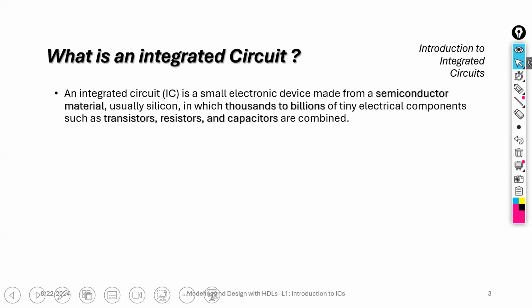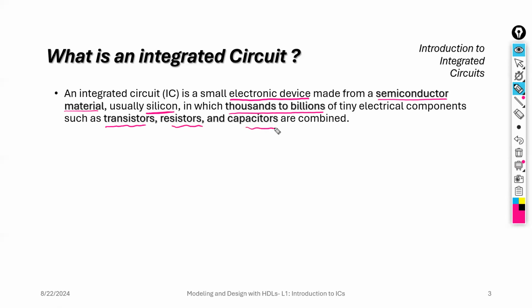An integrated circuit is an electronic device made from semiconductor material, usually silicon. Most preferably, people use silicon as the basic element. On the silicon material, we are going to create thousands to billions of teeny electrical components such as transistors, resistors, and capacitors combined together.